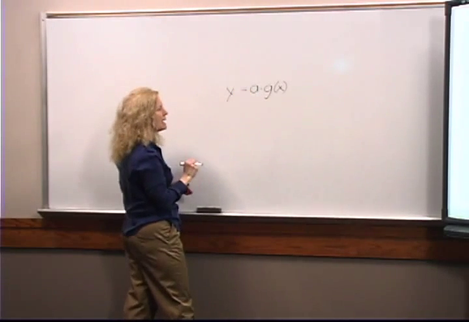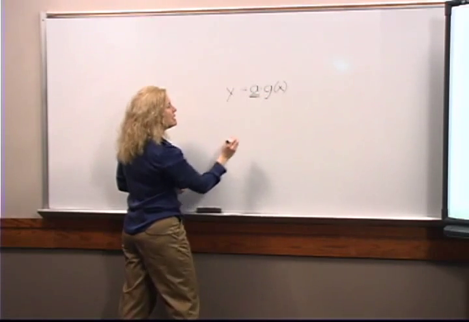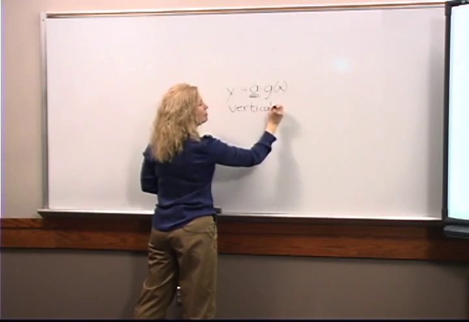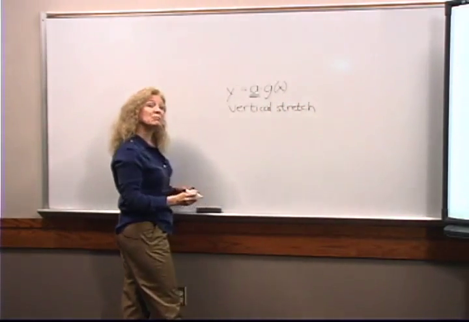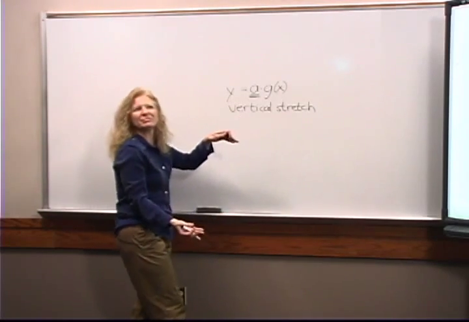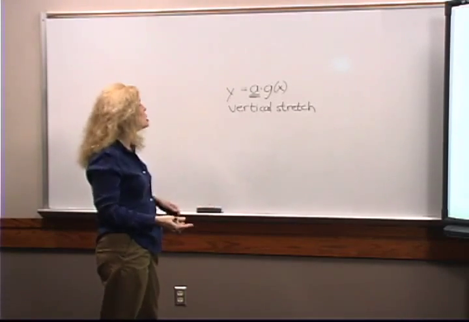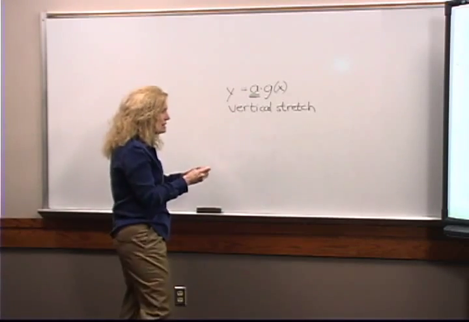It might make you less scared of what you see. If I am multiplying by A, that is my vertical stretch. If it's bigger than 1, it's making the graph grow bigger. That makes sense: you're multiplying by something and it's making it bigger. And if it's less than 1, it's scrunching it down.